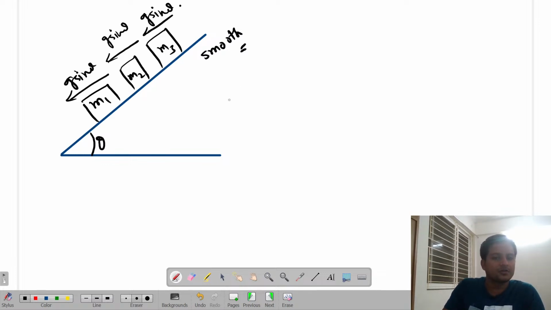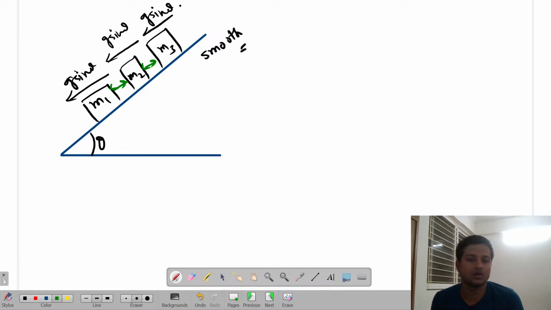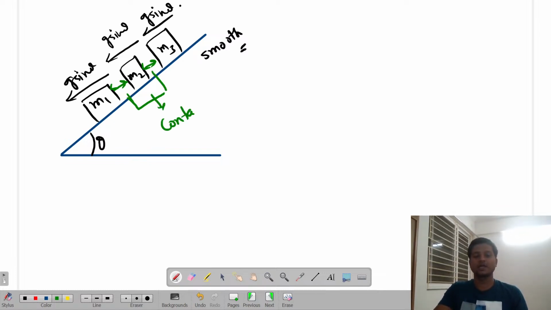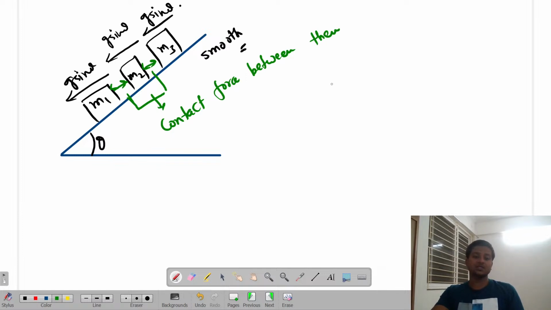Are you able to get me or not? So if they all have the same acceleration, the contact force between them will be zero. Only then will they move with the same acceleration.